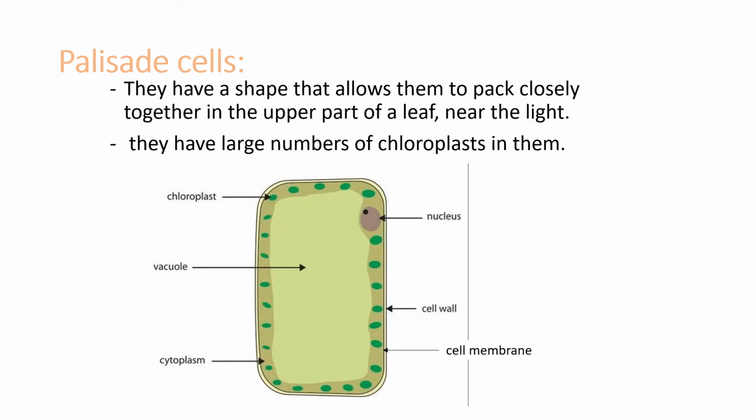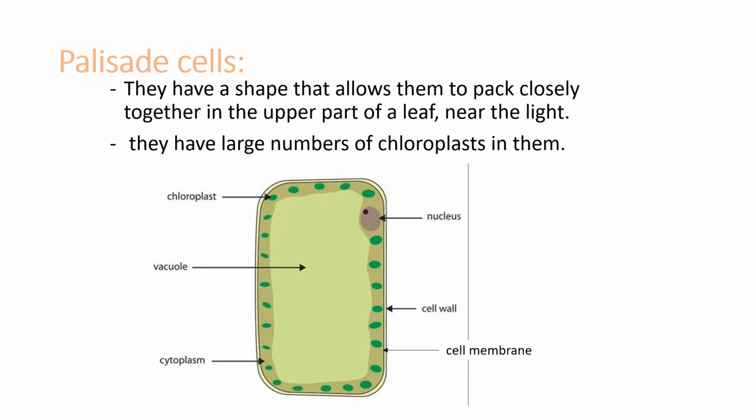They have large numbers of chloroplasts in them. Why? In order to trap as much light energy as possible, because as we know the chloroplasts trap the light of the sun.